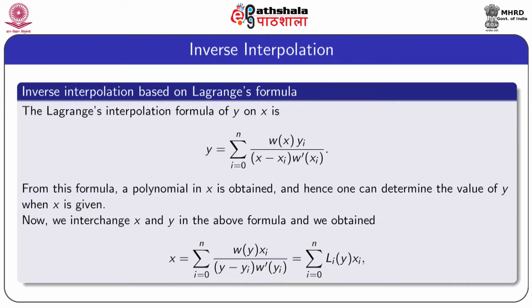Then we get x equal to summation i equal to 0 to n of w(y) into xi, whole divided by (y minus yi) into w dash at yi, which can be written as summation i equal to 0 to n of li(y) into xi, where li(y) is called the Lagrangian function on y.